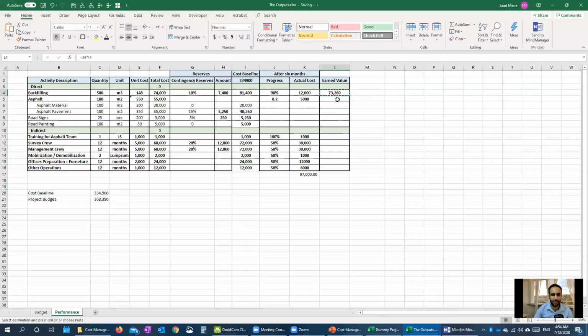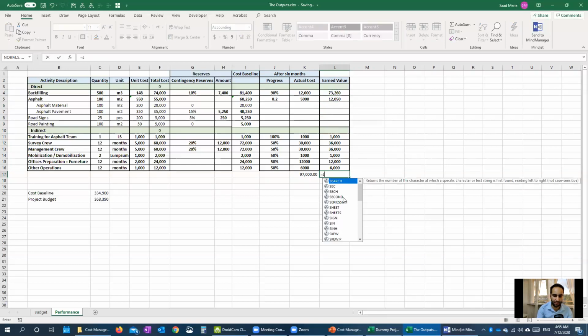So if I took the earned value here and the earned value here, this one would be the sum of those two. I will take it like this. And then I have zeros here, and I have also earned values here.